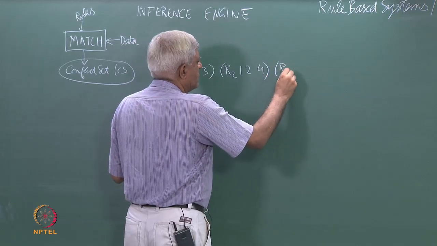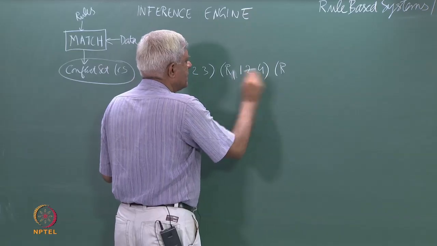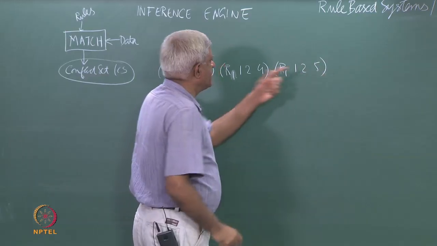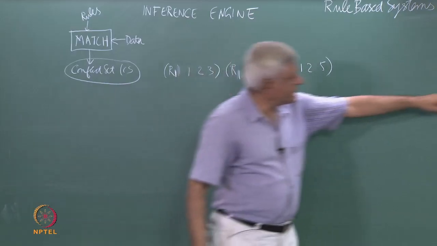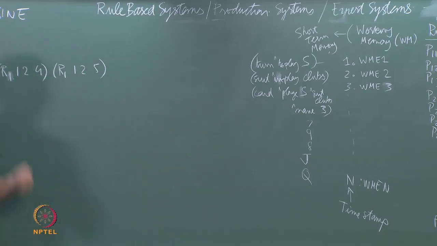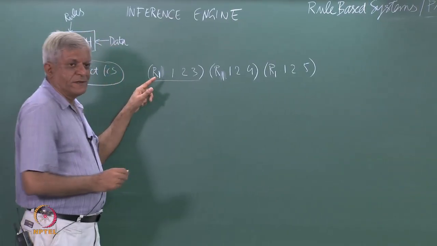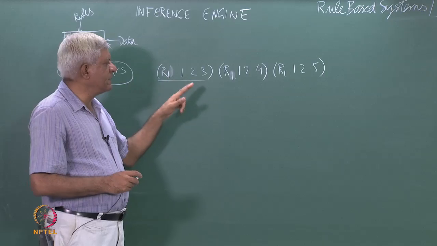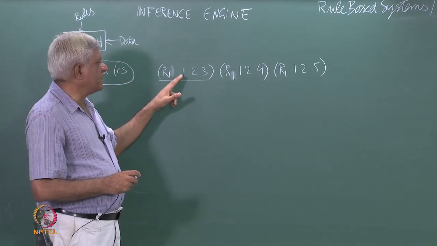Another one would be rule 1 matches with 1, 2 and 5. Let us say where 3, 4 and 5 are these elements, the third one, the fourth one and the fifth one. This is saying that this is an instance of rule 1, and these are the timestamps we are using from that working memory. It is matching working memory number 1 and 2 and 3.